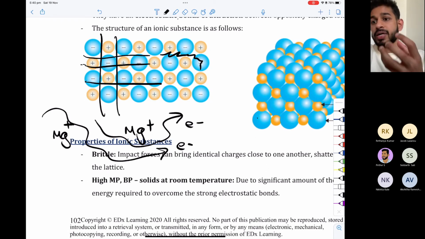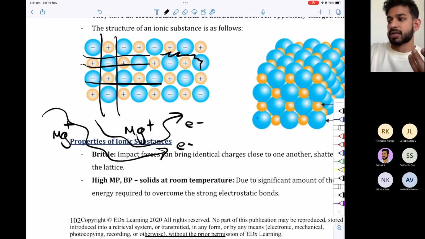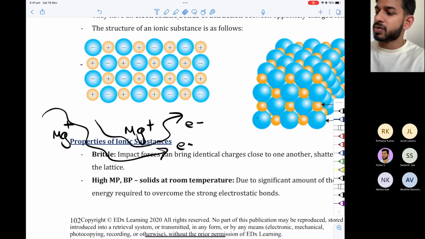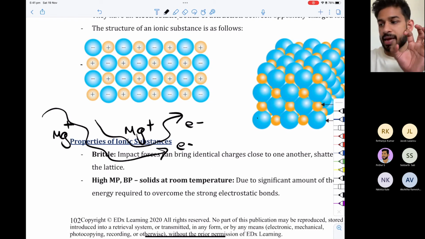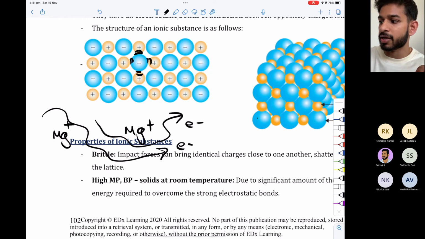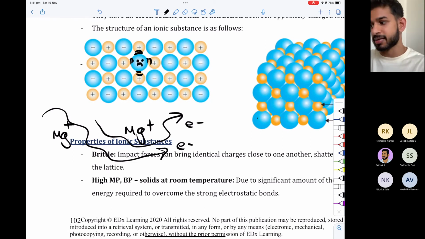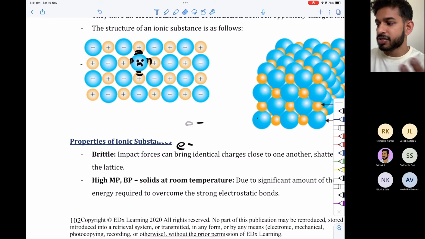The reason an ionic lattice cannot conduct is because there are ionic bonds holding every single ion fixed in place. It cannot move. There's a bond here, a bond here, a bond here, a bond here, so this ion cannot move, right? That is very different to a metallic lattice. A metallic lattice, lattice just means order, which means the metal cations are in order like this.